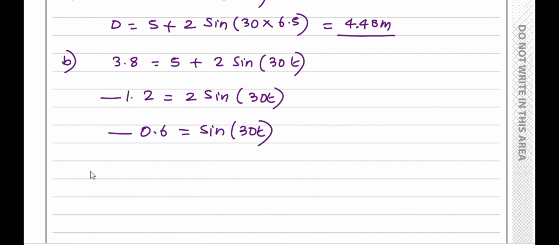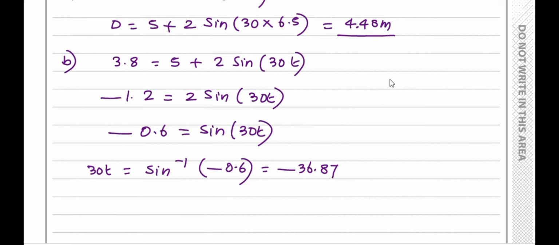Therefore, 30t will be what? Sine inverse of minus 0.6. Okay, that gives me a value of minus 36.87. Now we need to change the interval because we are solving for 30t and not t.